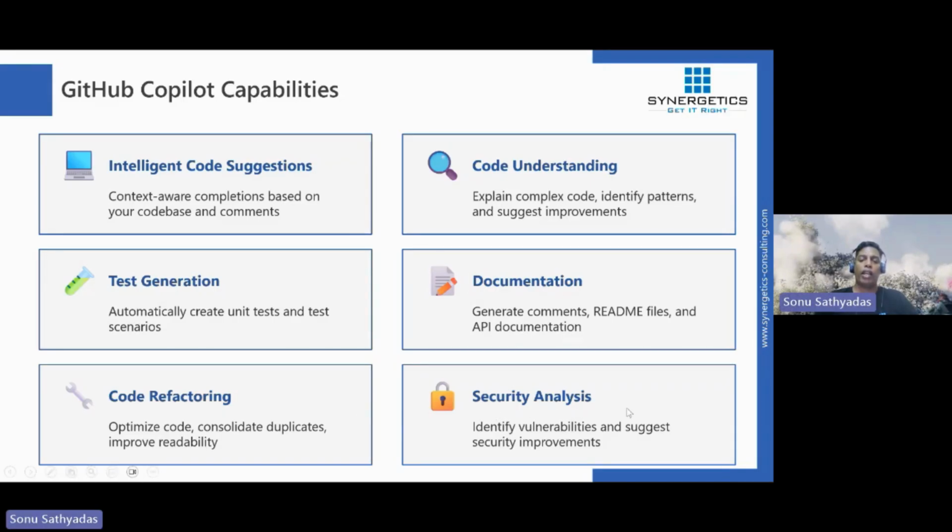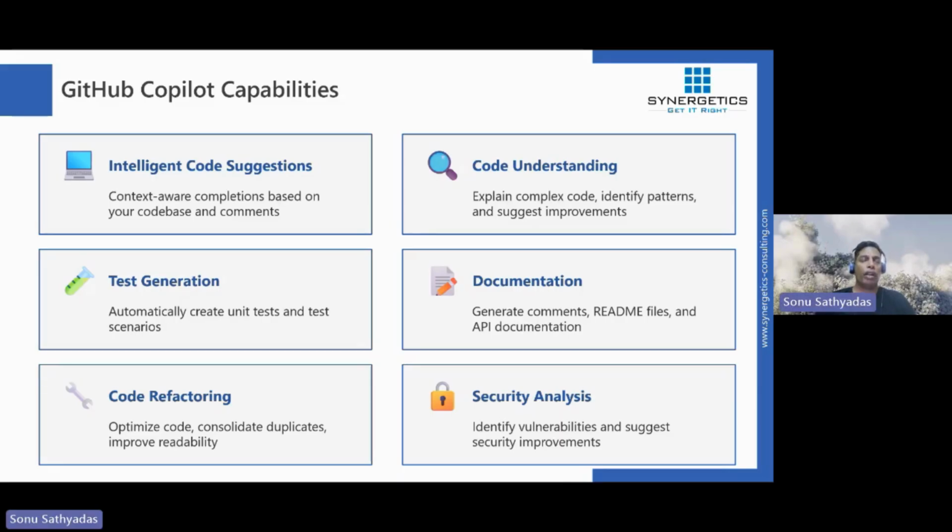And security analysis. Suppose you have some vulnerabilities inside your code, the Copilot can identify the security vulnerabilities. For example, you have hard coded some password. The Copilot will suggest, okay, hard coding the password is not a good practice because somebody else can steal the data.